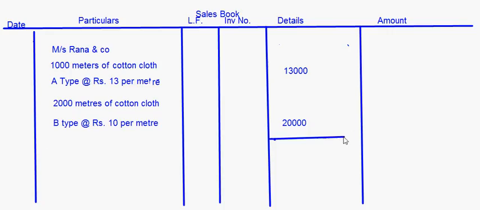So this is basically 13,000 plus 20,000 is 33,000, and you will have less trade discount 10%, so that is 3,300. So 33,000 minus 3,300 is 29,700, right?